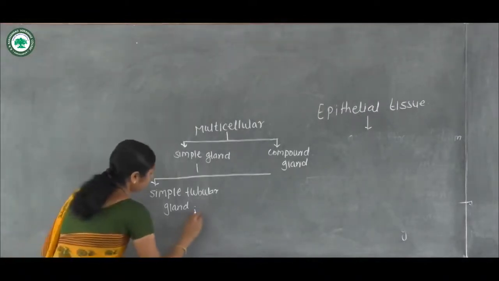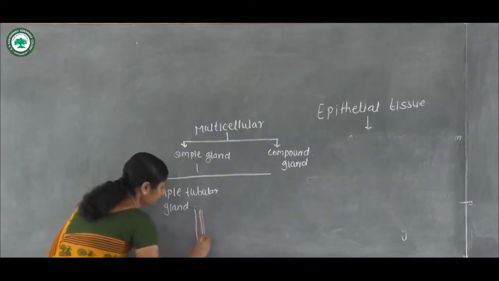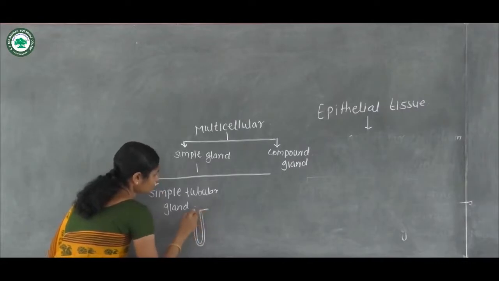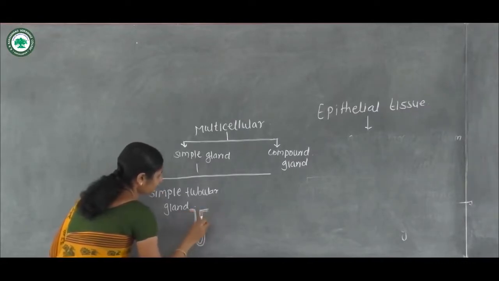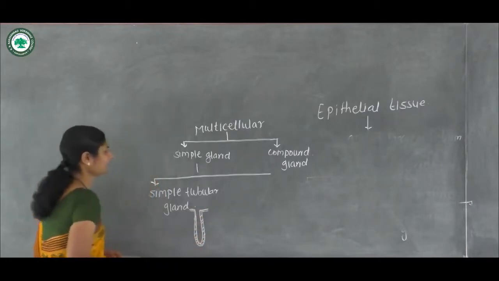Here the diagram shows a simple tube-like structure that opens towards the epithelial surface. This is a simple tubular gland.